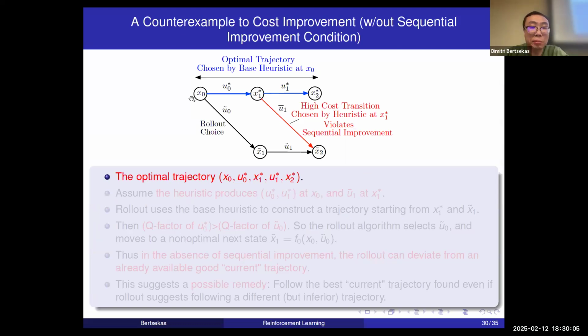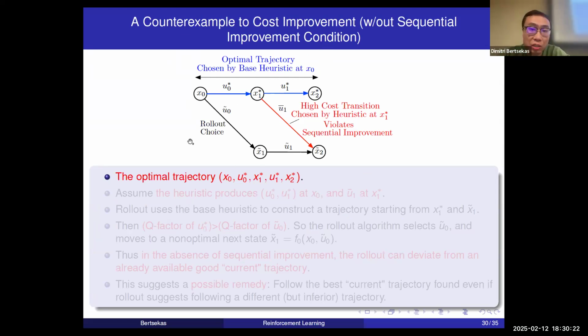Let's get a little bit deeper into what could happen if the cost improvement property fails. And this especially happens without the sequential improvement condition, then we will not have the cost improvement property.